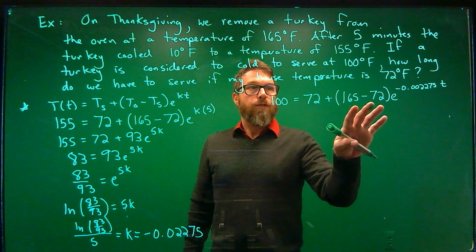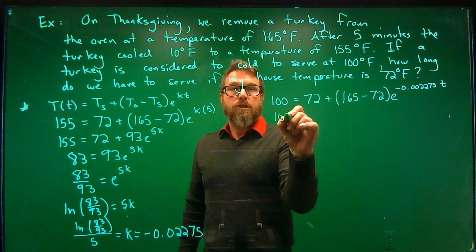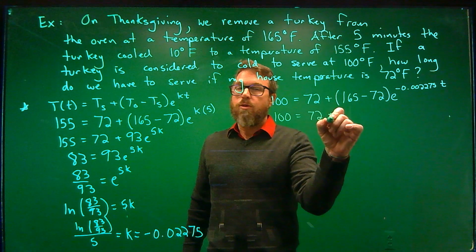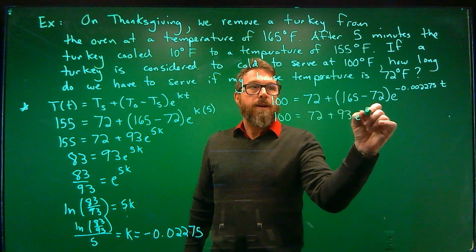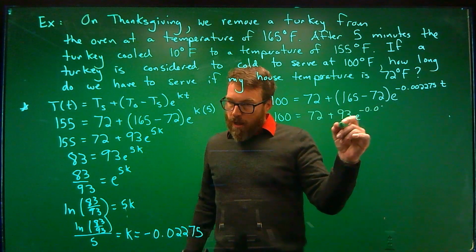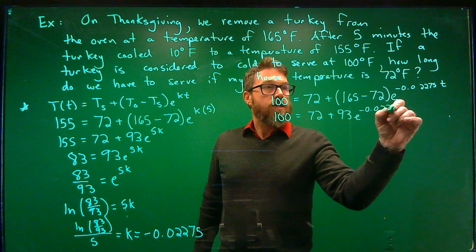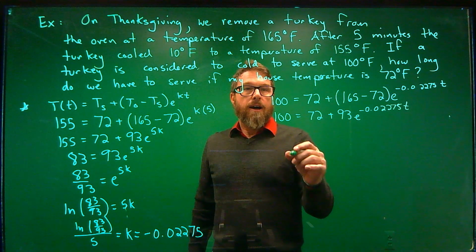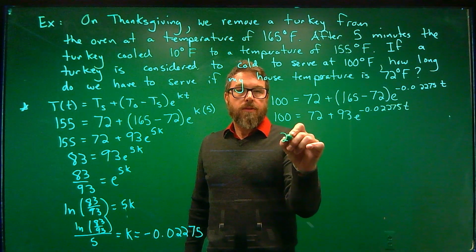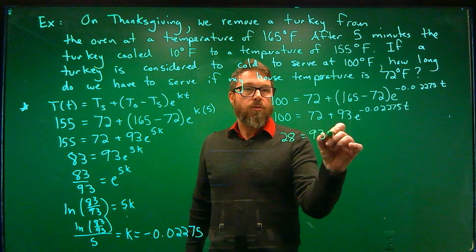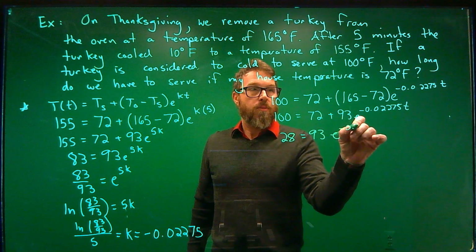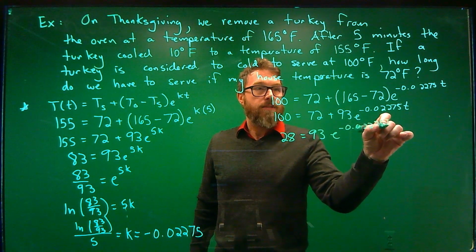So first things first, we know that this is going to be equal to 93. So 100 is equal to 72 plus 93e to the minus 0.02275t. Subtracting 72 gives 28, equal to 93e to the minus 0.02275t.